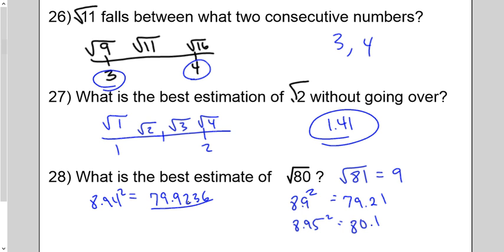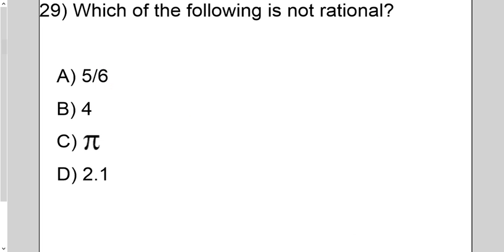That's really close. I'd say the best estimate in this case would be 8.94. That is your best estimate, because 8.95 is just too big. 8.94 is 1/100th below that, and that's as far as I would expect you to be able to take it, really.